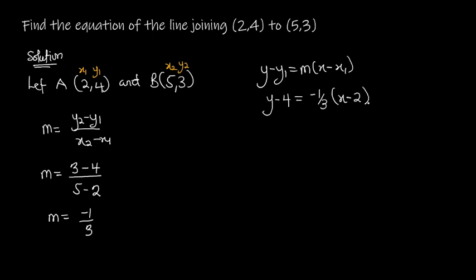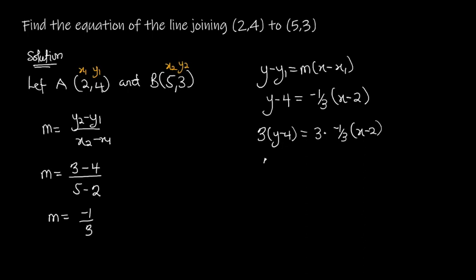All I need to do is simplify this expression to get my equation of the straight line. I have a fraction here, I need to get rid of it, so I use 3 to multiply each term. So I have 3 multiplied by y minus 4 is equal to 3 multiplied by negative 1 over 3, then x minus 2.